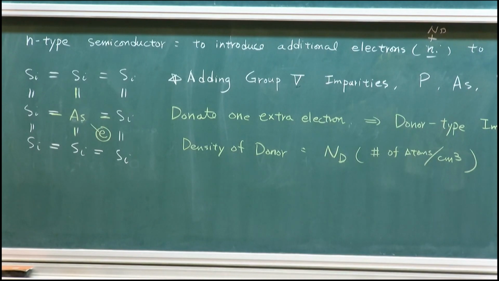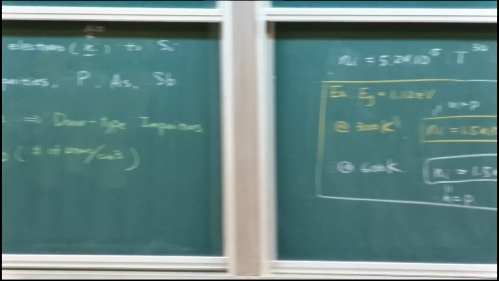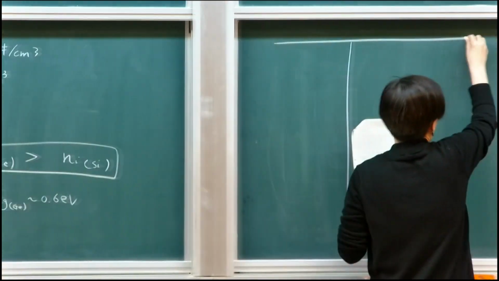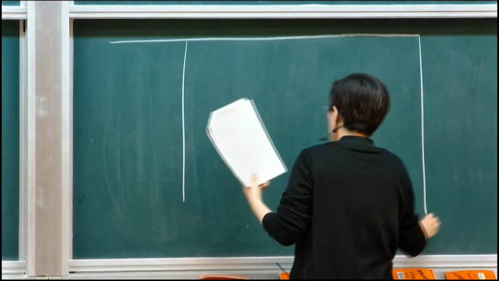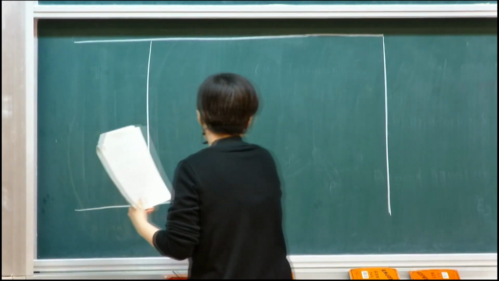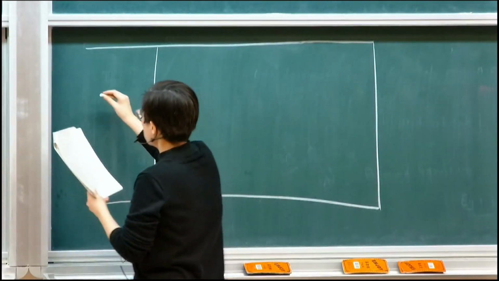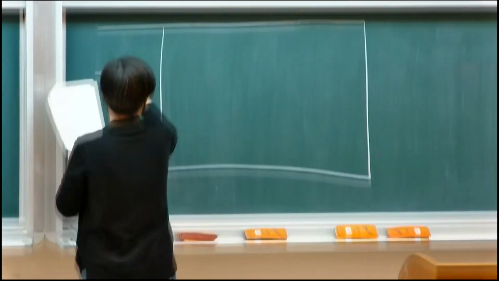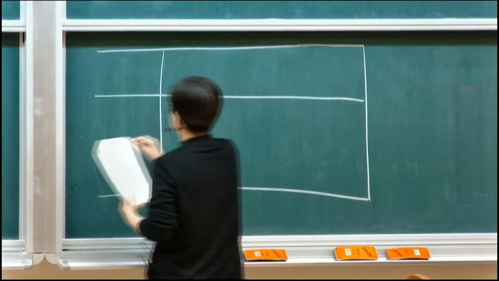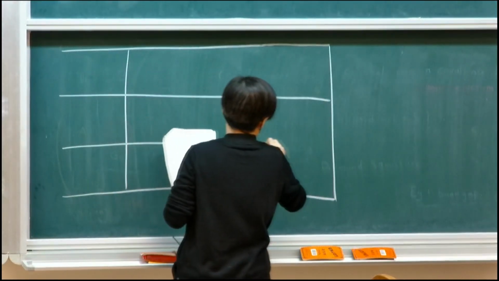So basically, let me just construct a table. We now have 3 types of semiconductors to compare.